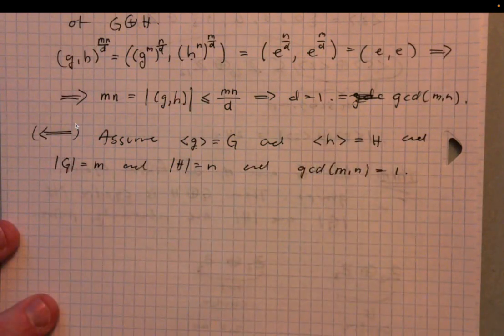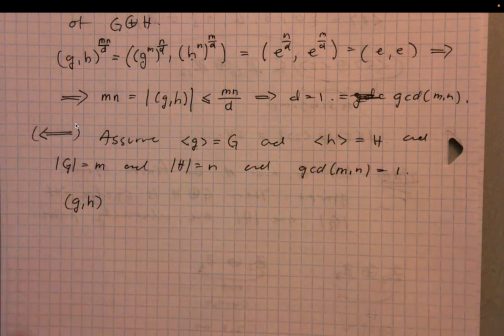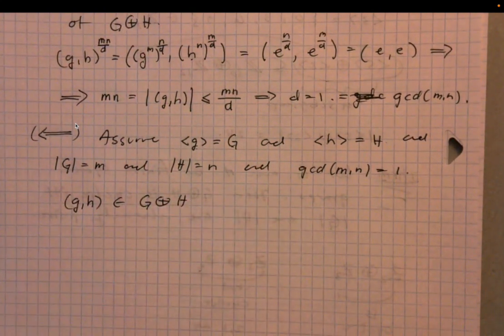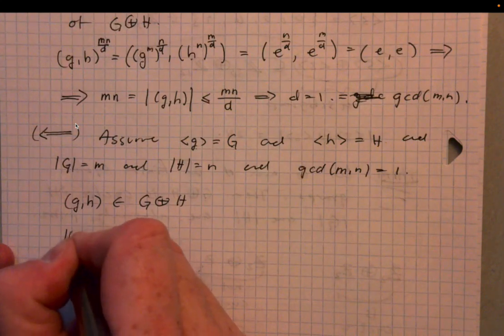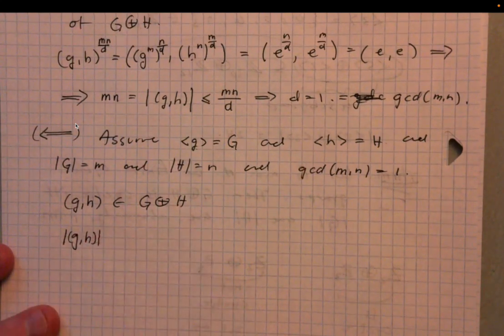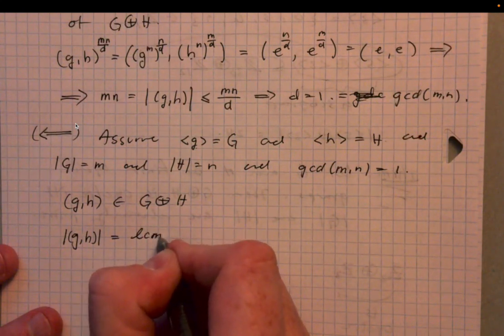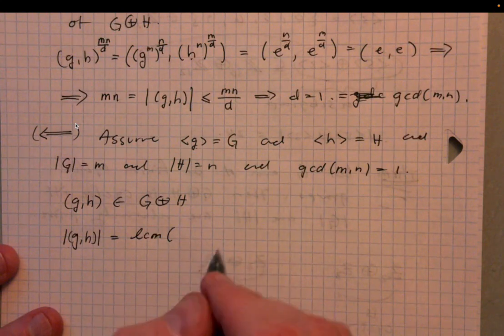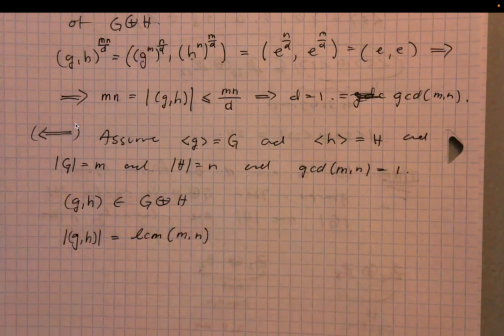So we've got the generator of G is g, the generator of H is h. Let's consider (g, h) as an element in the external direct product. What is the order of this element? Well, we know that the order is equal to the least common multiple of the orders of each of these, which is the least common multiple of m and n.